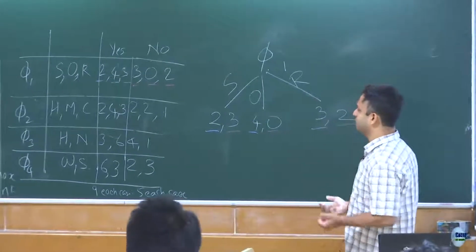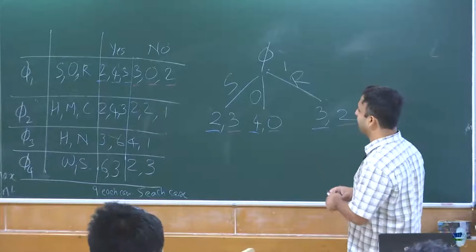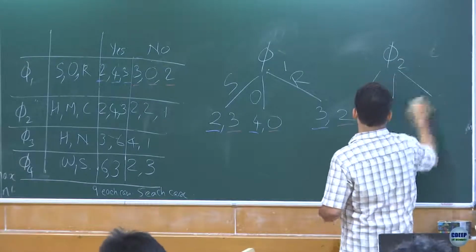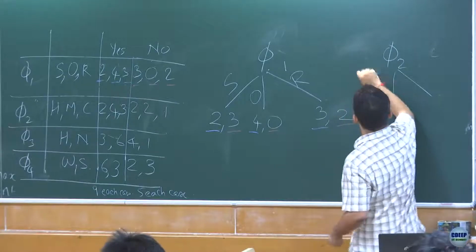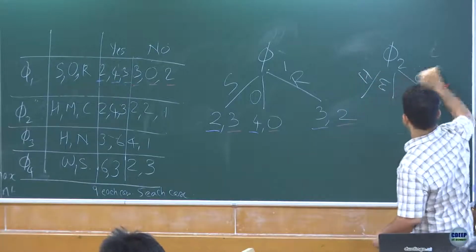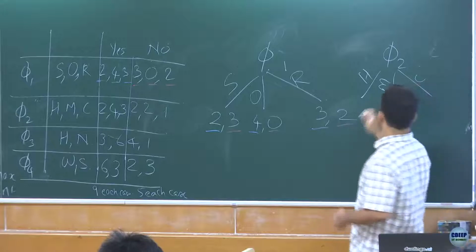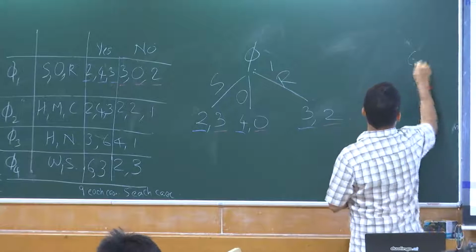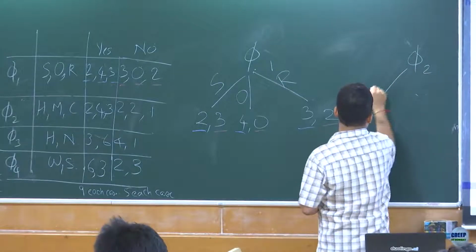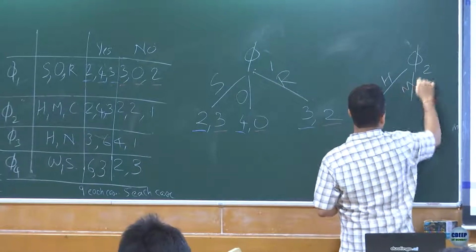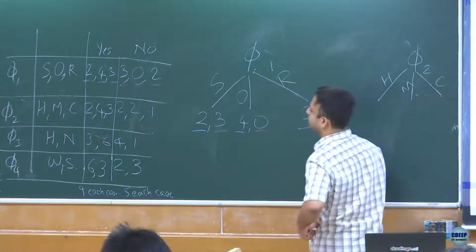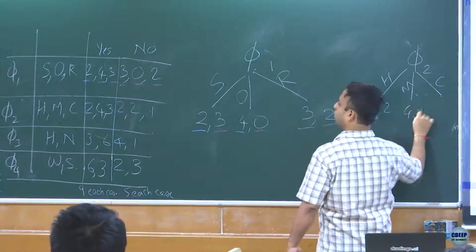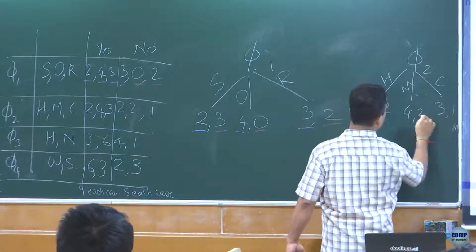Let's just compare two features, okay. Let me compare phi 1 and phi 2 for the time being. I'll do the same thing. H, M, C. These are the three values. 2, 2, 4, 2, 3, 1.